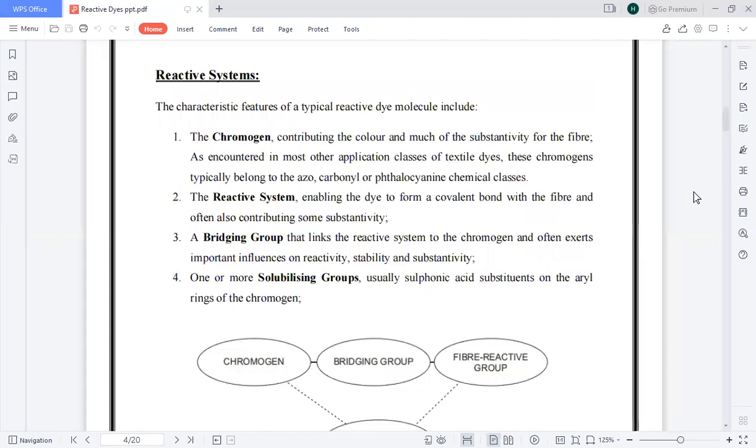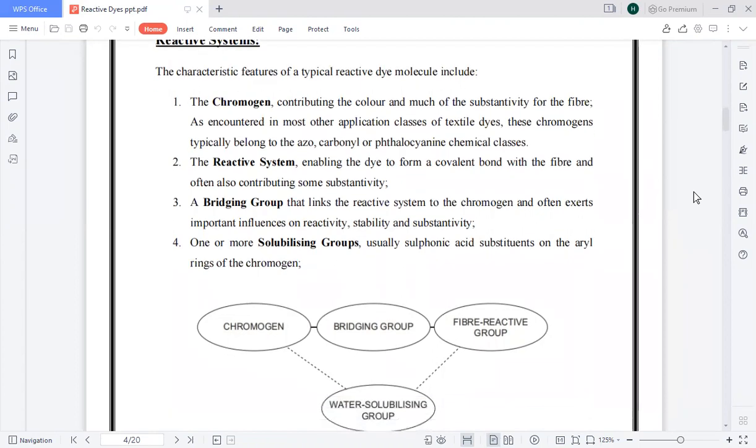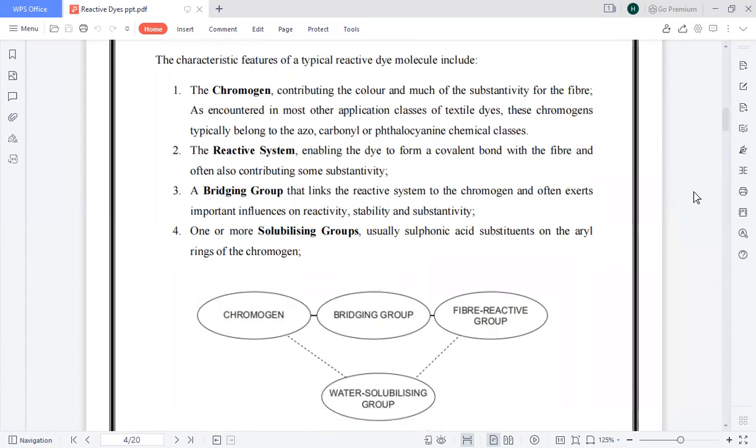These chromogens typically belong to the azo, carbonyl, or phthalocyanine chemical classes. And the second one is the reactive system. The reactive system is that part of the dye that chemically or covalently reacts with the substrate, that is the cellulose, and often also contributes some substantivity.